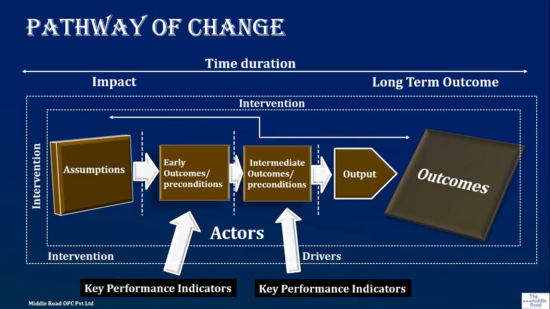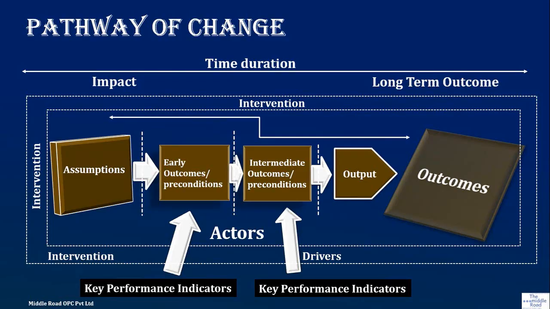Now the whole process is an intervention, and even those smaller lines, the dashed lines which I'm talking about, are also interventions. The intervention is the whole experiment or the whole project, as well as the small interventions which you do to get those outcomes which are linked to the final outcome. Now, you're coordinating with all the actors, and all these things are driven by drivers.